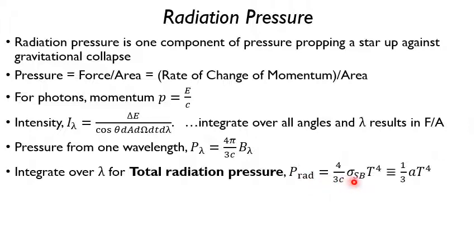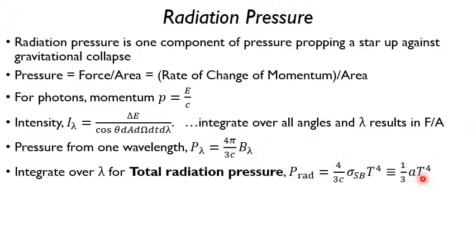When you do this integral, you get that your total radiation pressure is 4 over 3c times the Stefan-Boltzmann constant times the temperature to the fourth. People tend to wrap the 4 Stefan-Boltzmann constant over c into a constant just called A. And so your total radiation pressure is 1/3 times A T to the fourth.